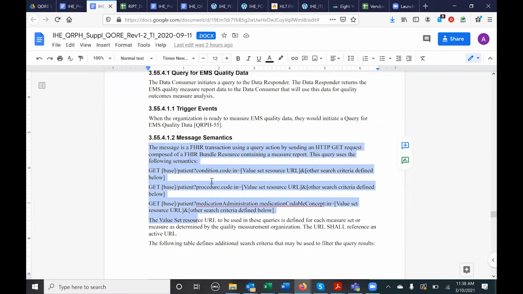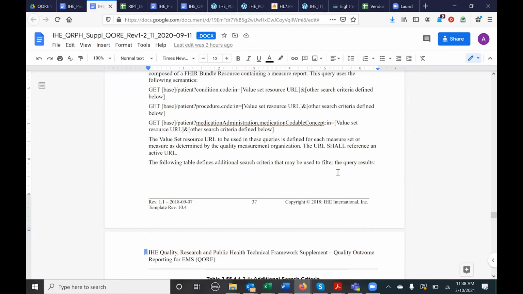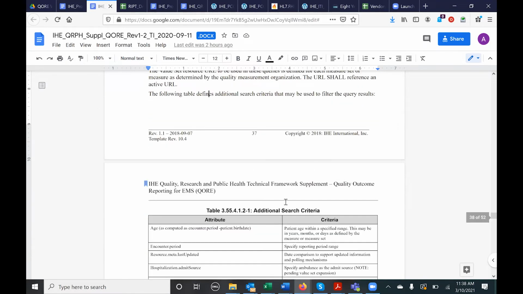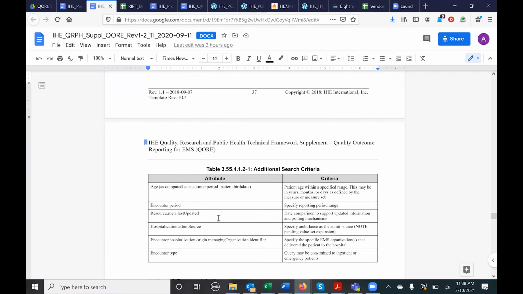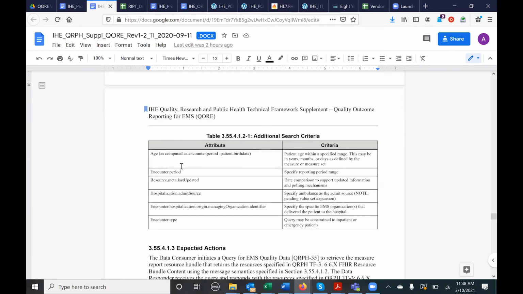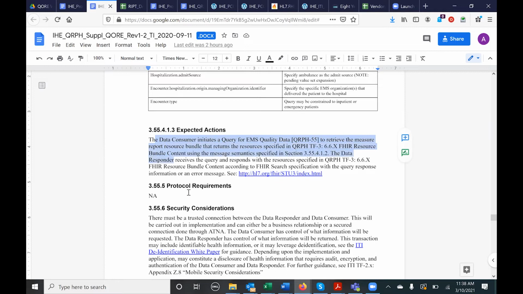And then it says the following table should be used for the query results as well. So we have things like encounter periods and resources and hospitalizations, encounter type, etc. And we have our expected actions from this as well, and protocol requirements. We didn't see any protocol requirements when we were developing the profile, so this is kind of what we have there.